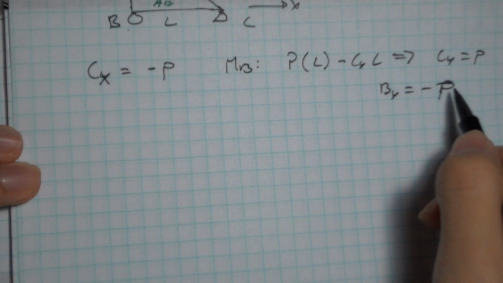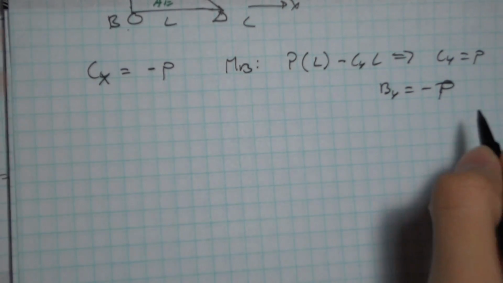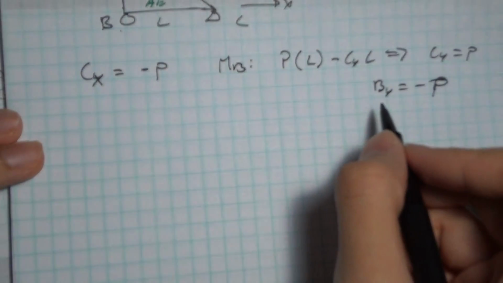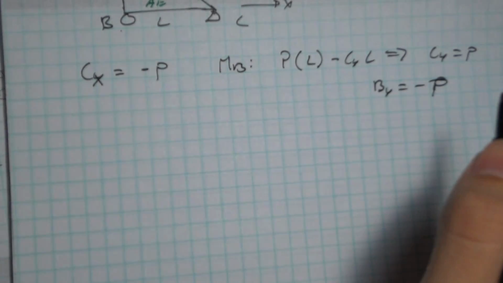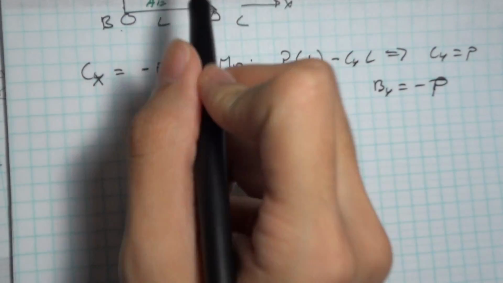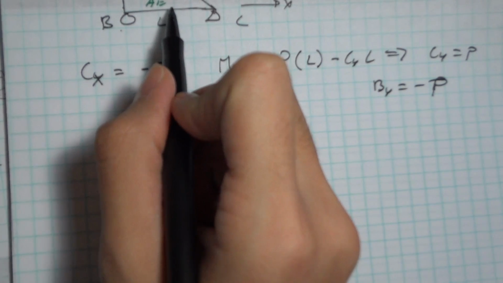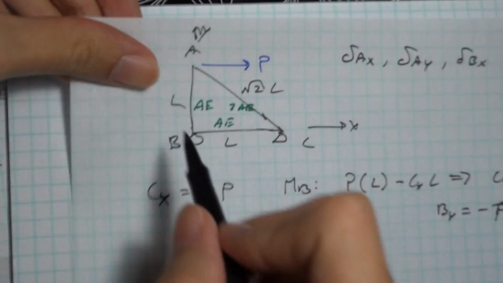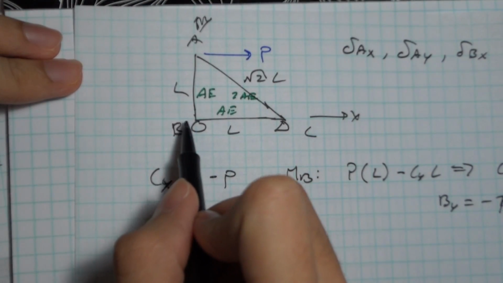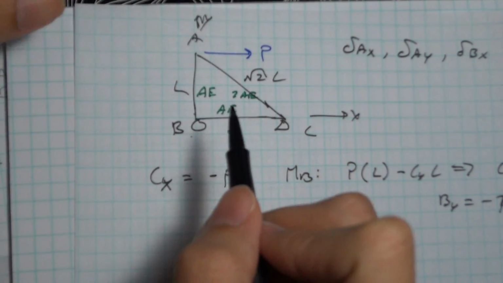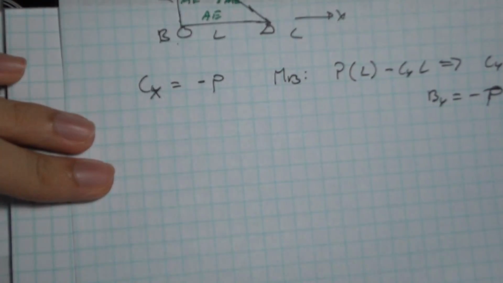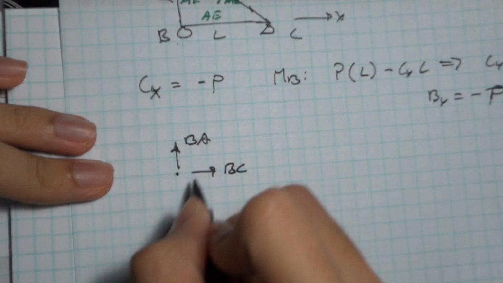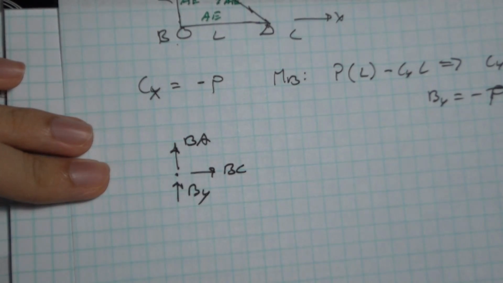Now let's just find the forces in the P system. I'm just going to use method of joints because we want to find the force in every member. Can you guys tell without even looking at this that this is going to be a 0 force member? The reason is there's nothing here that can support an axial force in a horizontal direction. For example, let me draw out point B. This is BC, BA, and this is BY.